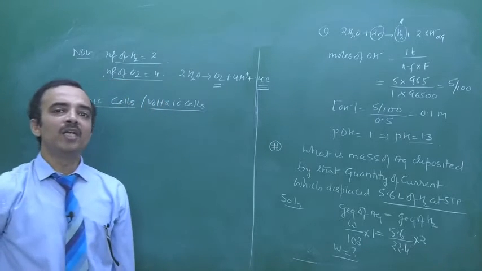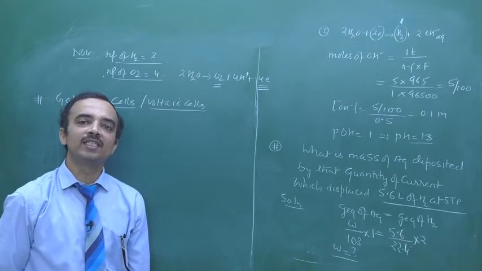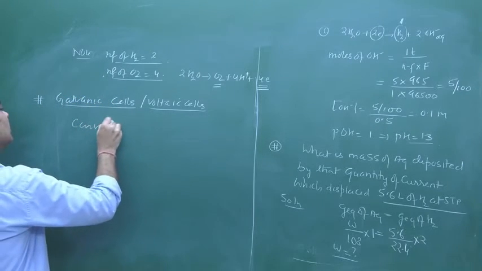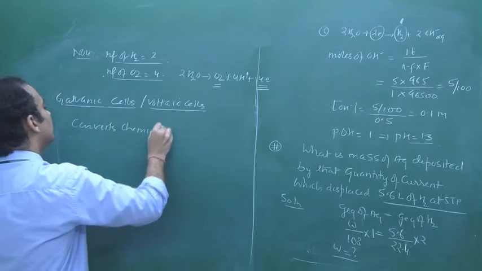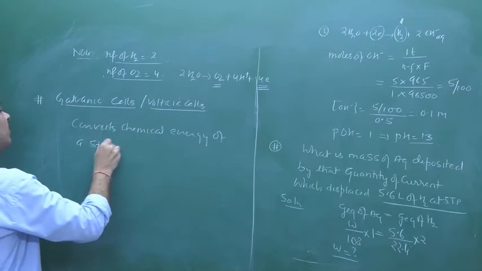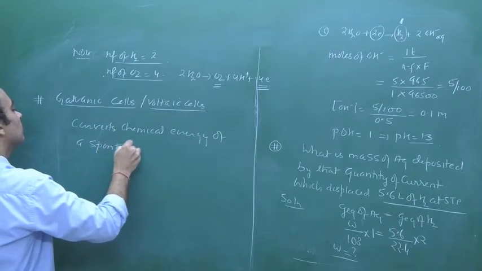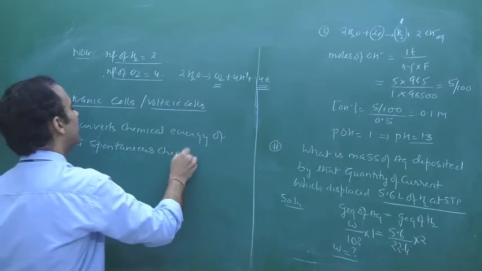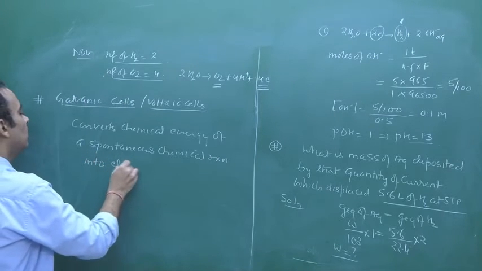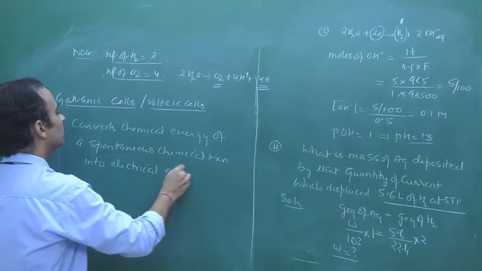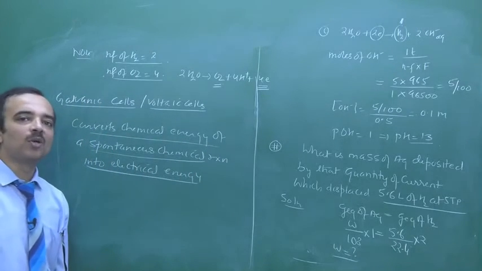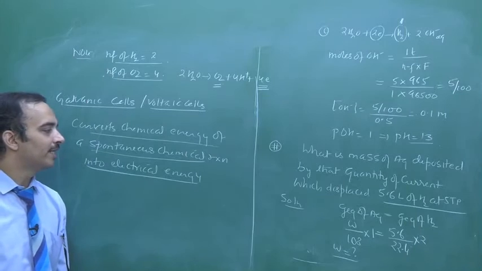Beta, they convert the chemical energy of a spontaneous chemical reaction into electrical energy.